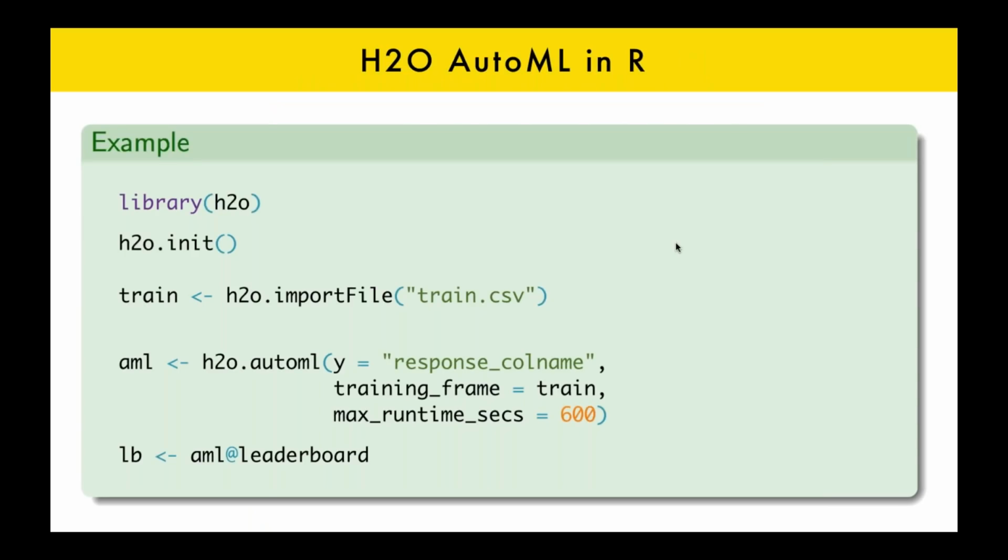So this is what it would look like in R. You just load the H2O library, start the H2O cluster, load some training set, and then tell AutoML which column is the thing that you want to predict, the response column. Then you just specify how long or how many models you want it to run for, and then it runs and returns this leaderboard as a data frame.